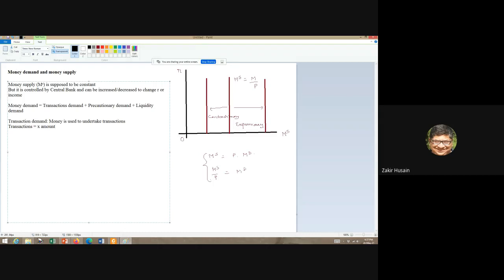Right? Remember that you can do two things. You can either keep the money with you, or you can simply invest it in the bonds.